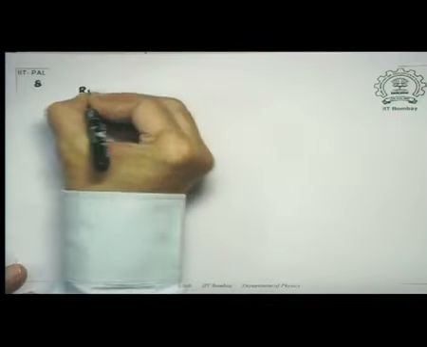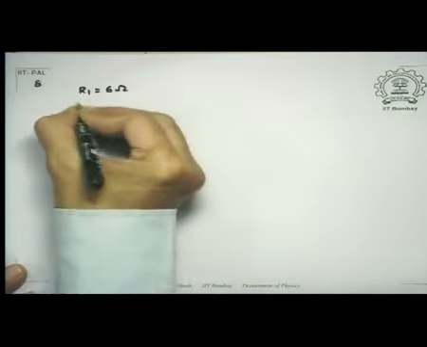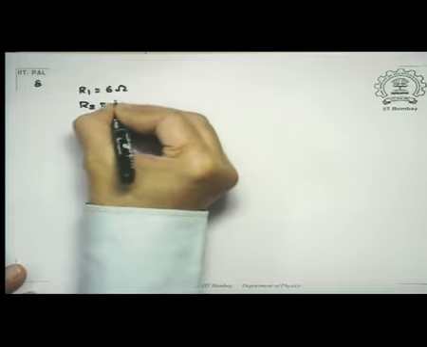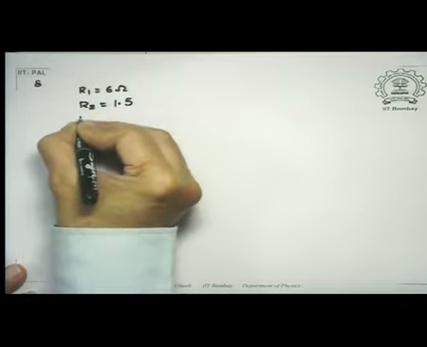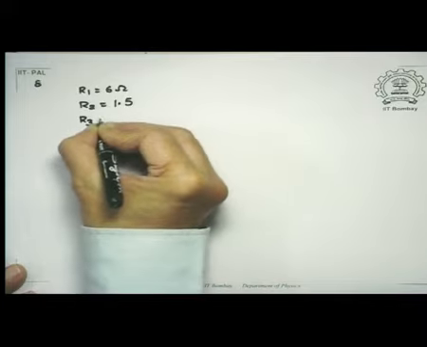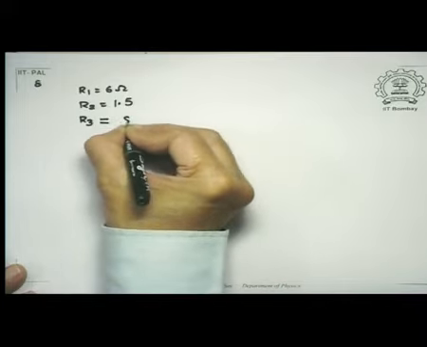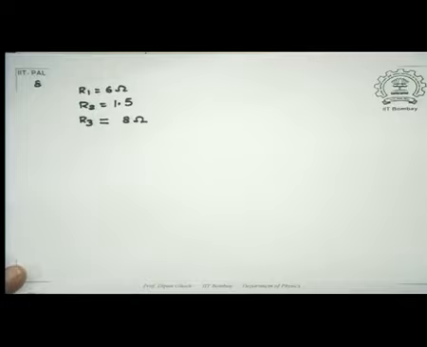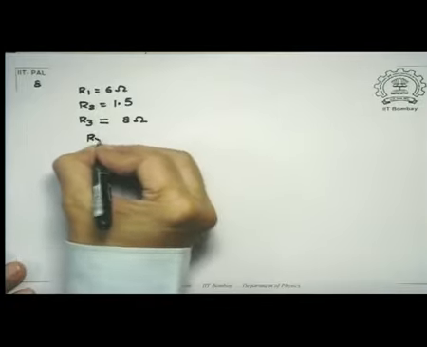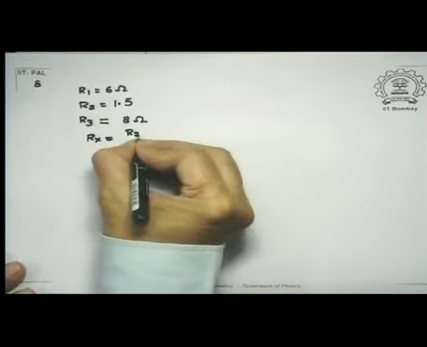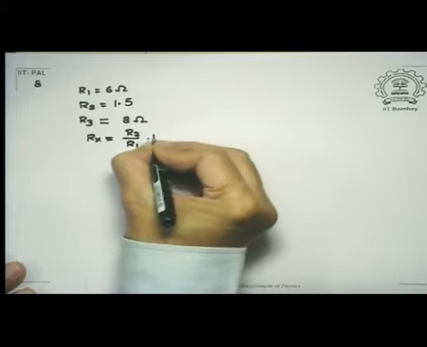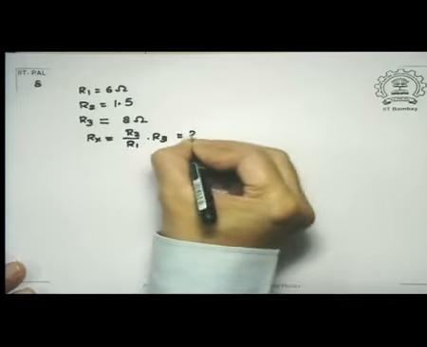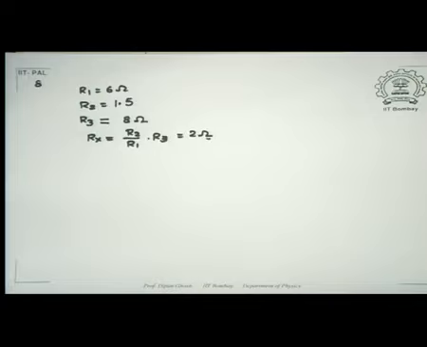Suppose I have R1 equal to 6 ohms, R2 equal to 1.5 ohms, and let us suppose my null deflection has been achieved by having R3 equal to 8 ohms. Then of course Rx will turn out to be R2 by R1 into R3, which is equal to 2 ohms. It is trivial.